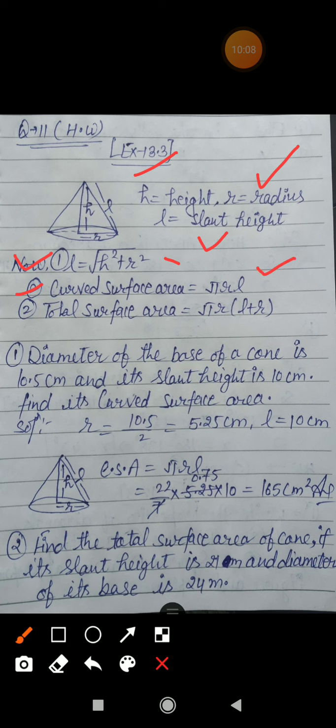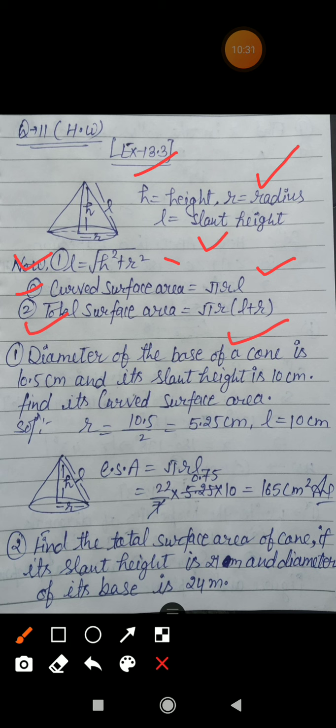And if you have to find the total surface area, you use the formula pi r bracket l plus r. Clear? Now you understood which shape is calculated in this exercise.